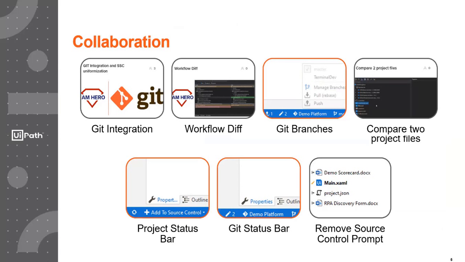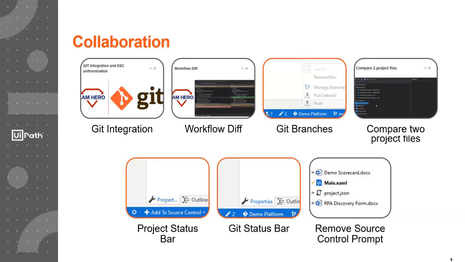So first of all, we have some very nice additions on the source control side, which is, of course, our Git integration, which was quite requested in previous years. So the Git integration was launched in 2019.4, but recently in 2019.10, it got some enhancements which we're going to have a look at in Studio as well.